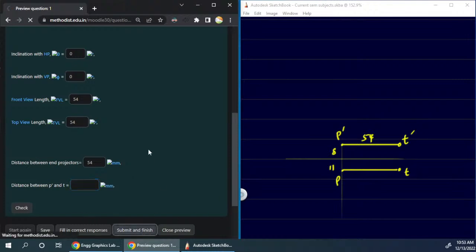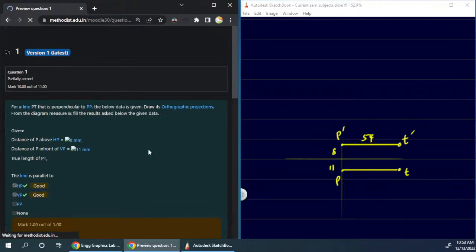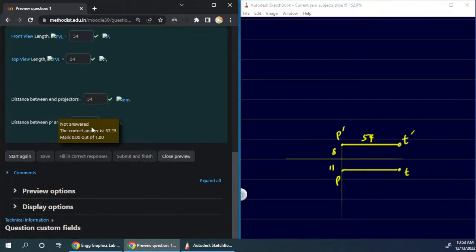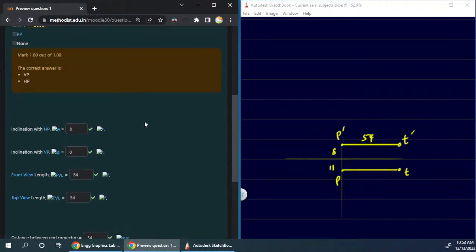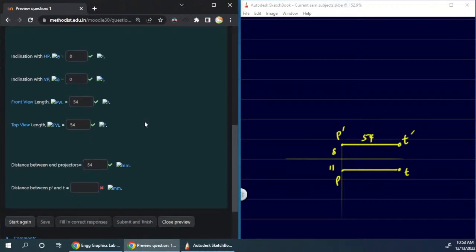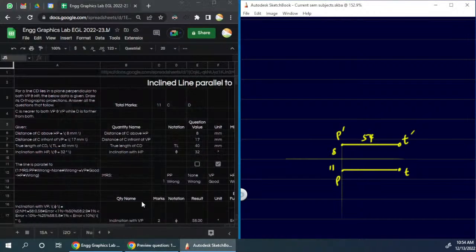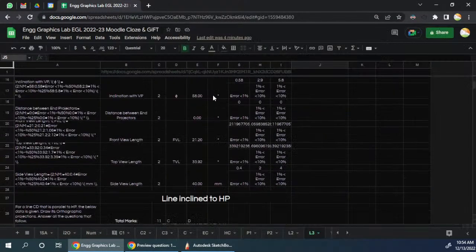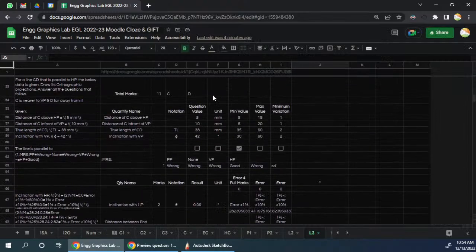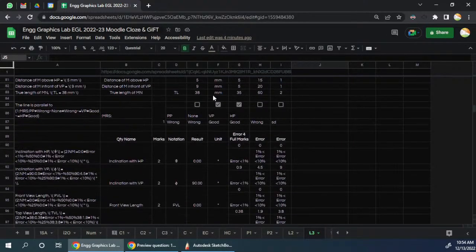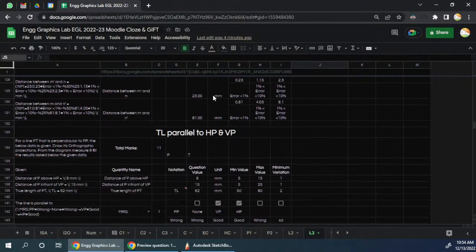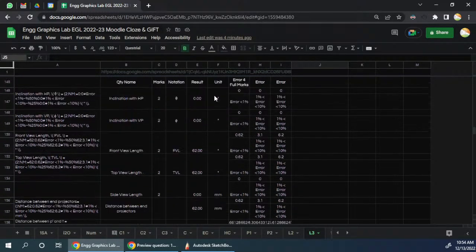Let's just go ahead and submit it. So 1 mark, that's good for this. So is there 1 mark? Well, as I remember, this was supposed to have 2 marks, right? So let's see here. Parallel to both. Parallel to HP, VP.